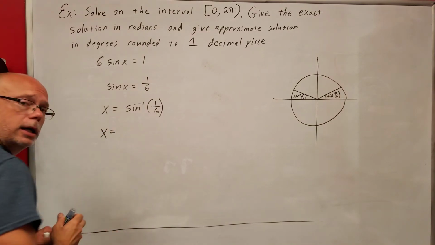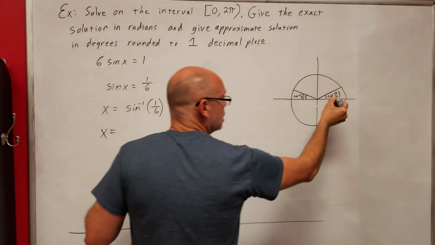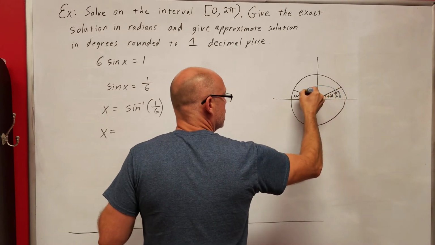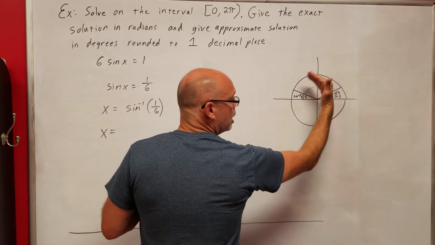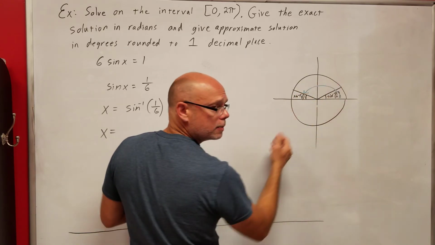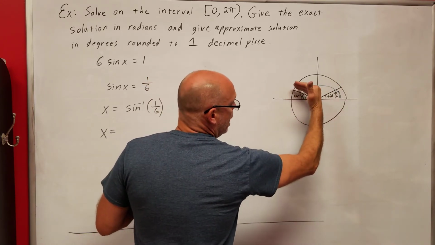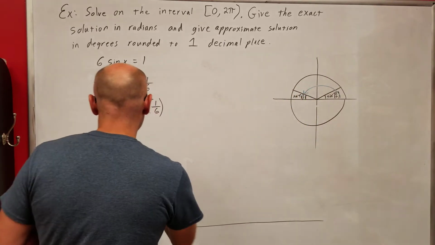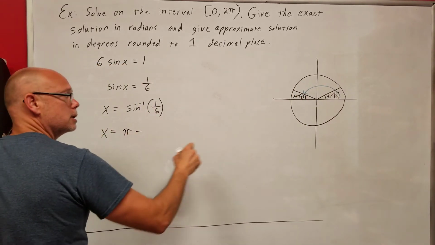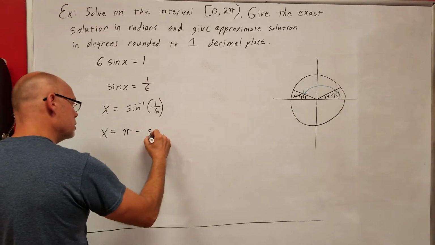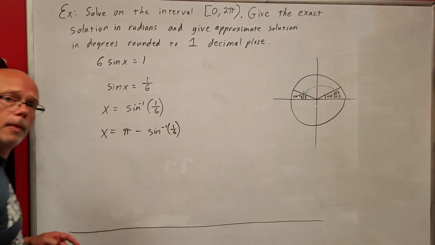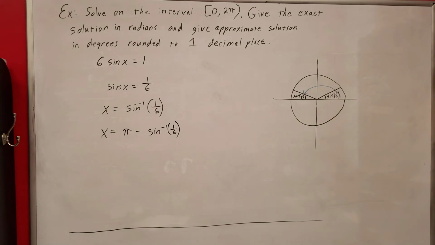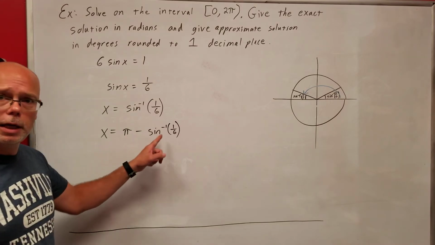The second angle is this angle right here. And how do I find that angle? That angle is going to be pi back off this much, or pi minus the inverse sine of 1/6. All right, so that's my radian values right there.